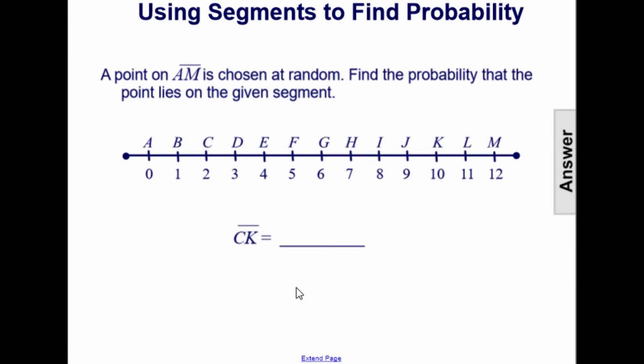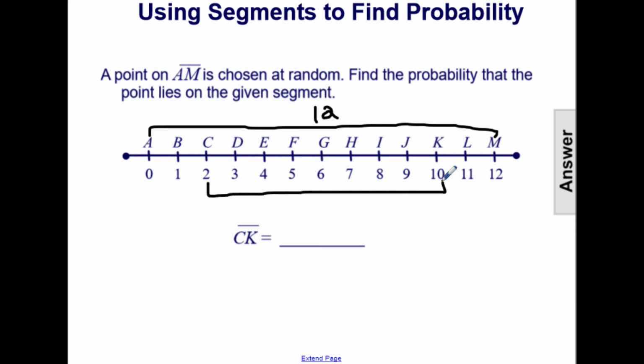Another example using segment AM, but now we want to find the probability that the point chosen at random lies on the segment CK. So we still have our total length of AM, which is 12, 0 to 12. CK is now going from 2 to 10, which is a length of 8.